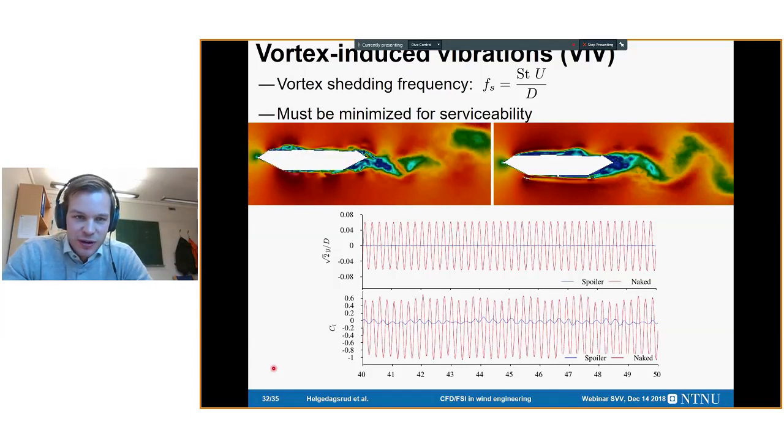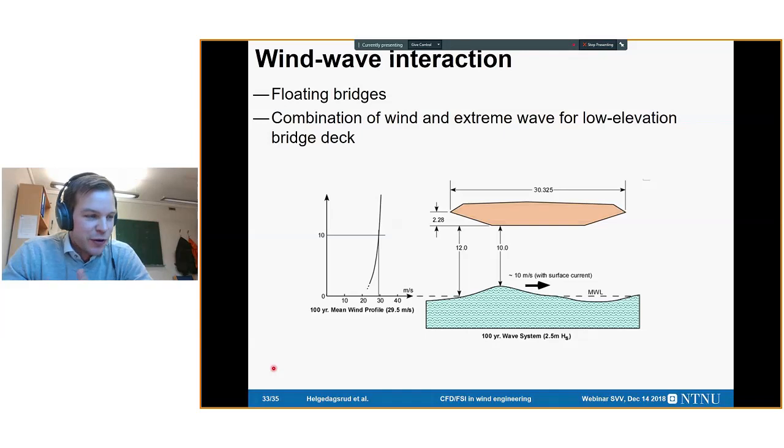but in the end, I want to address some further challenges. And earlier this week, I got this image from Shu. This is the Bjørnafjorden floating bridge.